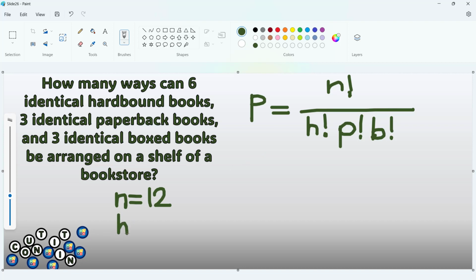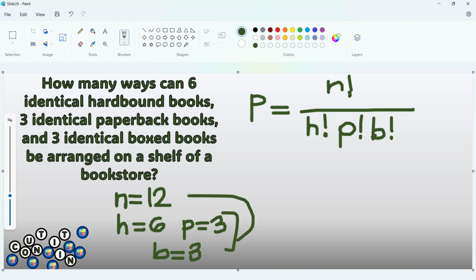Take note that we have 6 hardbound books, 3 paperback books, and 3 boxed books. The sum of these 3 must be equal to the total number, which is 12. In short, we have 12 factorial for our numerator, divided by 6 factorial times 3 factorial times another 3 factorial.